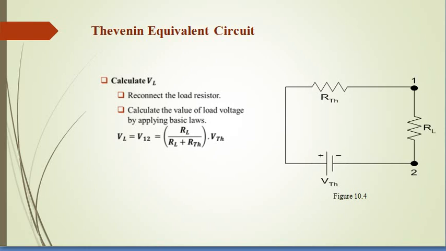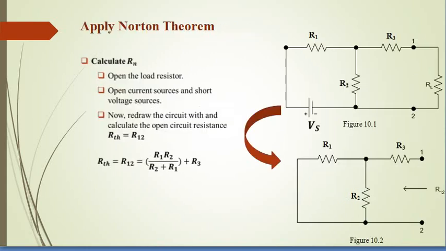So then we move toward our Norton theorem. Here are some steps for the Norton theorem. Again, in the original circuit we follow the same steps as we did for the R Thevenin.